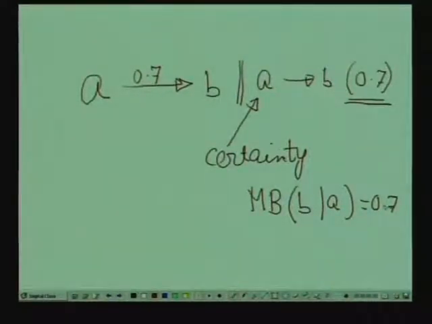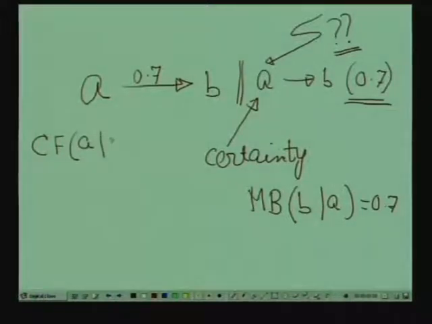That is in the normal case. But we know that this A may not be known with certainty. There may be some uncertainty in this A itself. If the certainty factor of A given whatever evidence E is 1, in that case it is a certainty.